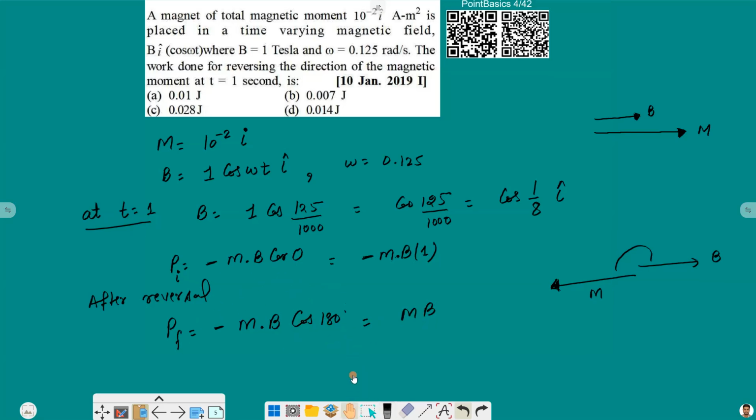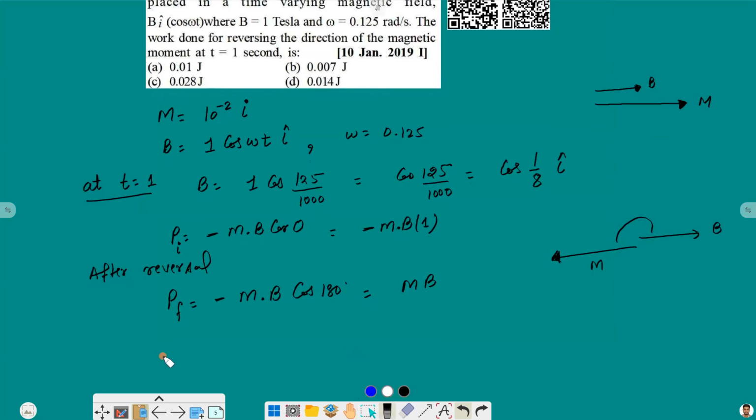So the amount of work done that needs to be done will be P final minus P initial, that will be mB minus (minus mB), so 2mB. So twice the value of m, which is 10 raised to power minus 2, and the value of magnetic field is cos of 1 by 8.